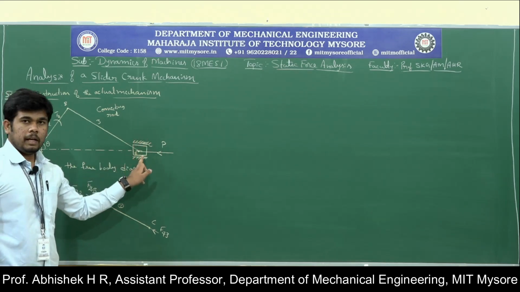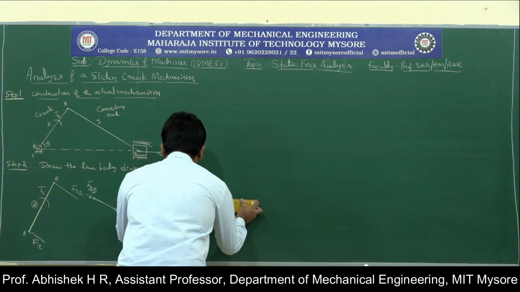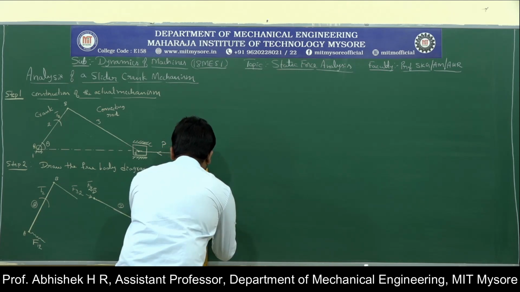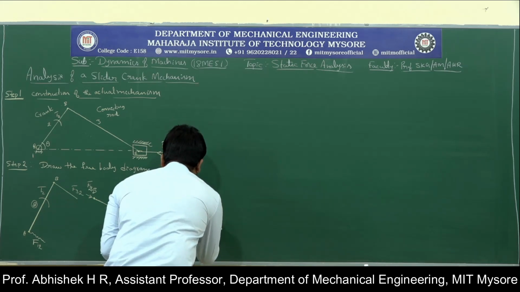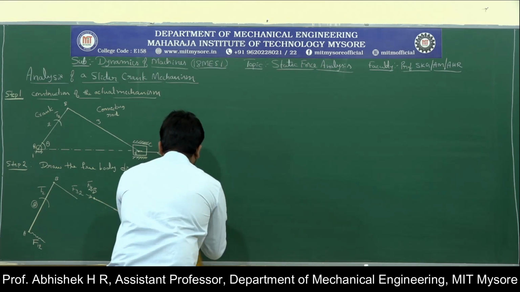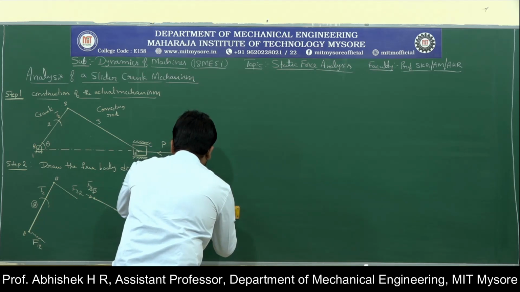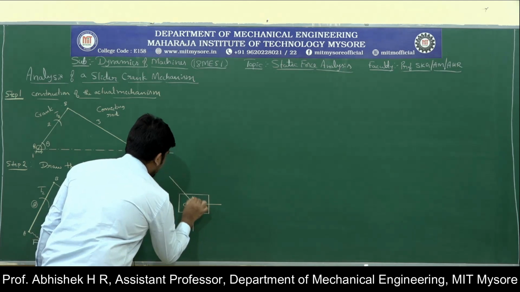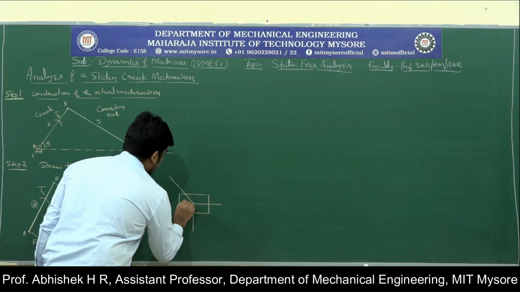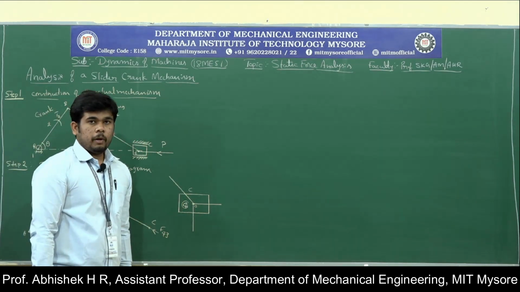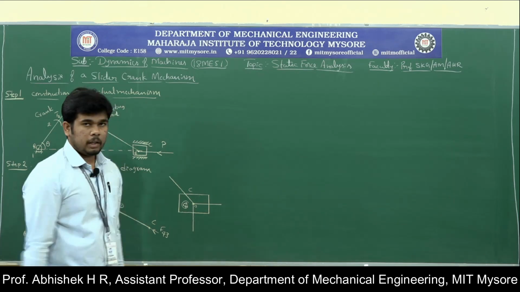Next we have the next link, that is 4 at point C. So this is point C and the link 4, point C. This point will be called the center point O, a three-force body member in the equilibrium condition.